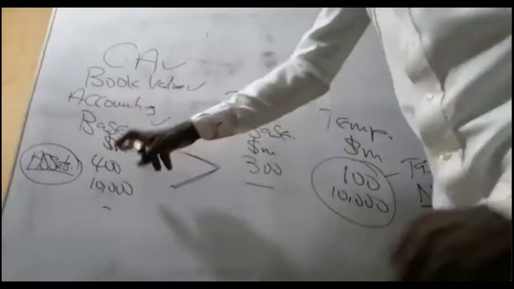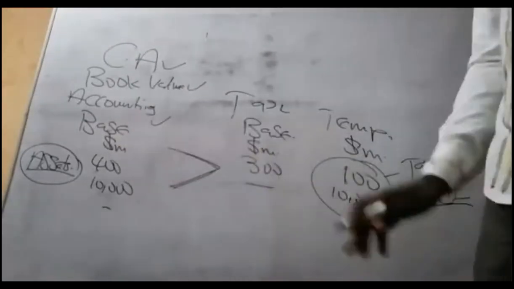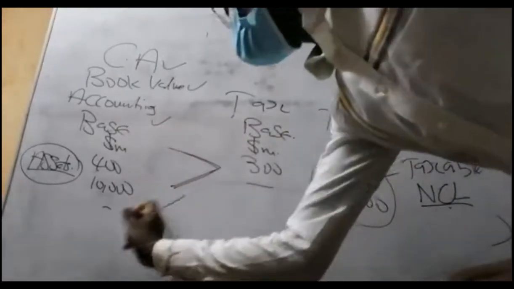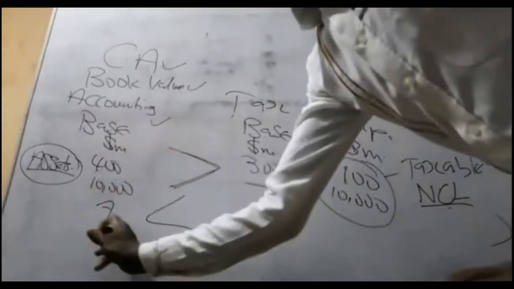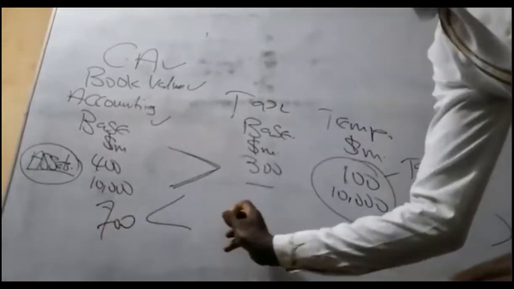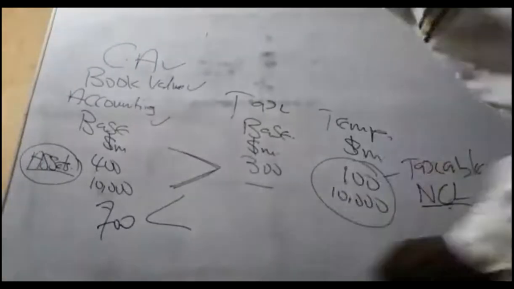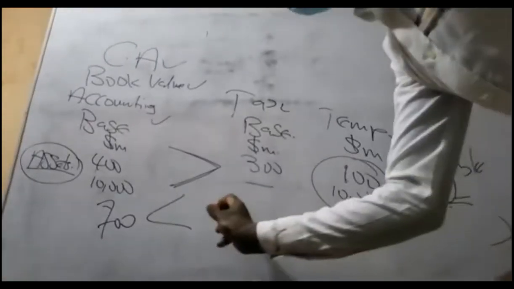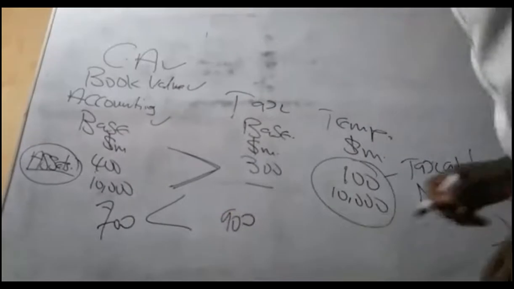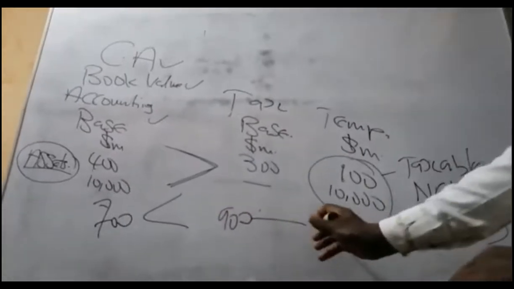Now the reverse is the good news. Now if it's an asset and then the carrying amount or the accounting base is rather lower, maybe here is 700 and here is, let's make it 900. Assume that here is 900. So it will create a difference of 200.